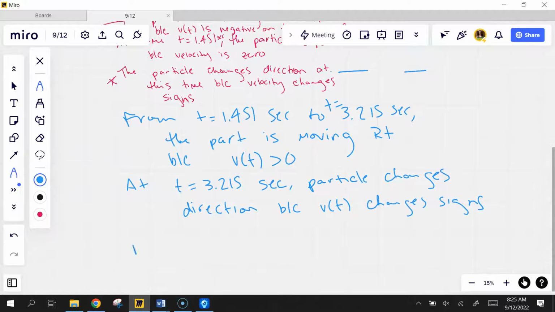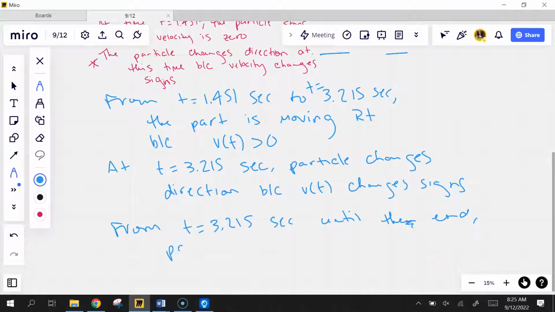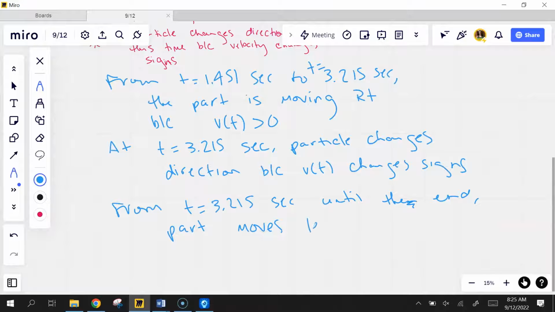So then, because it doesn't tell me how long it moves, it just says t is greater than 0, from t equals 3.215 seconds until the end, the particle moves which way? Left, because velocity is negative. It's a lot of writing, right?